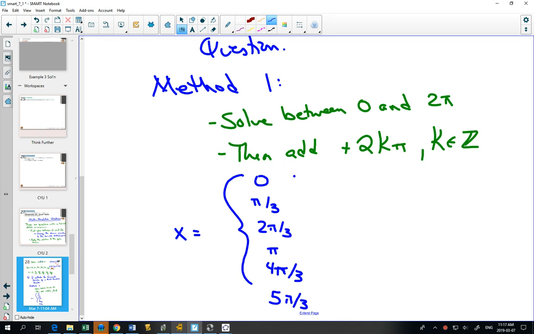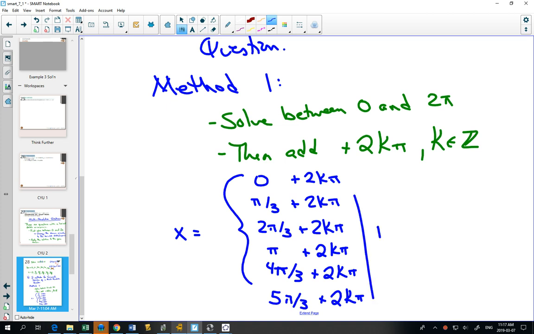And to make it a general solution, we could go plus 2k pi, plus 2k pi, where k belongs to the integers. So if you have already solved between 0 and 2 pi, this is the easiest way to do the general solution.